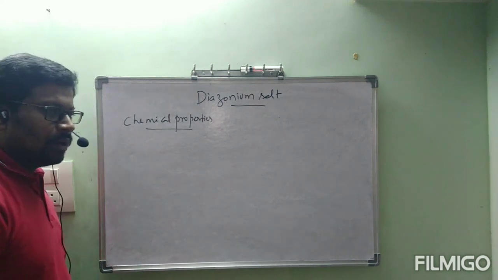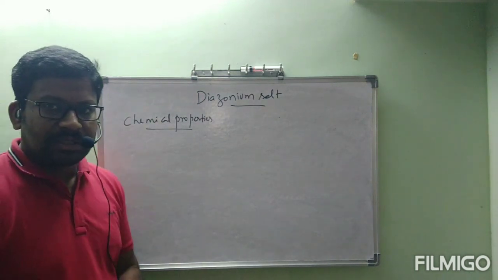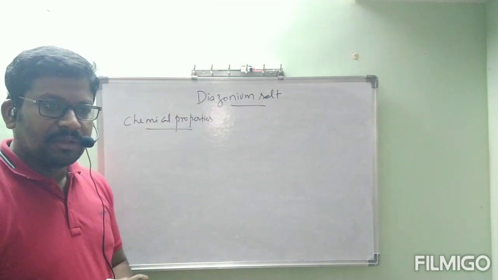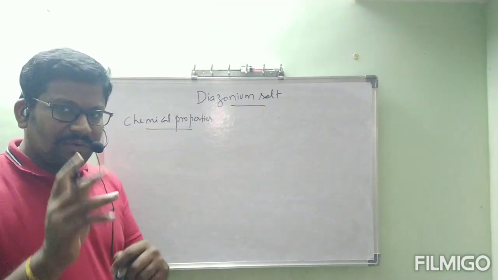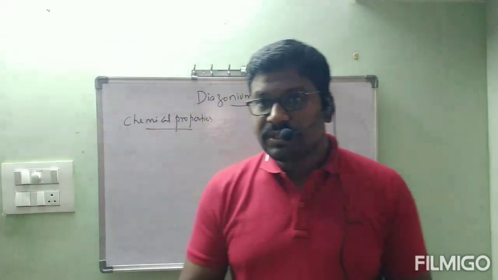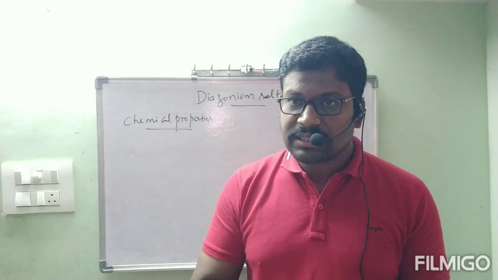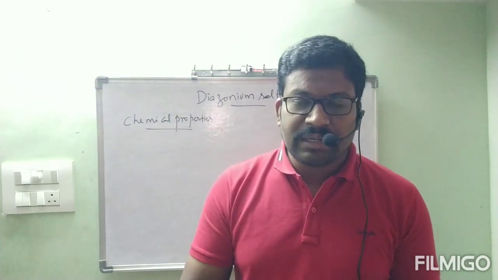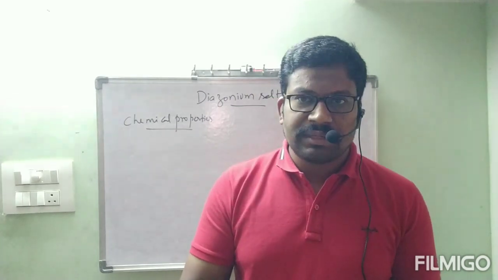First, we have learnt in Sandmeyer's reaction, correct? What is the first step? Actually, Sandmeyer's reaction has two steps. First step is diazotization. Second step is actually called Sandmeyer's reaction. But in the exam, if they ask Sandmeyer's reaction to write, both steps you have to mention. That is better.